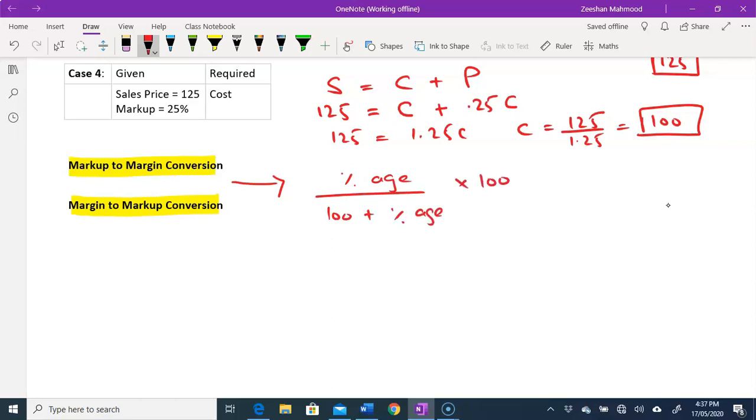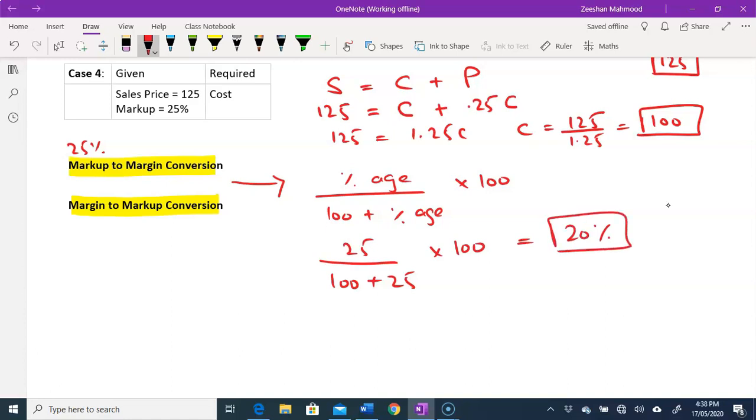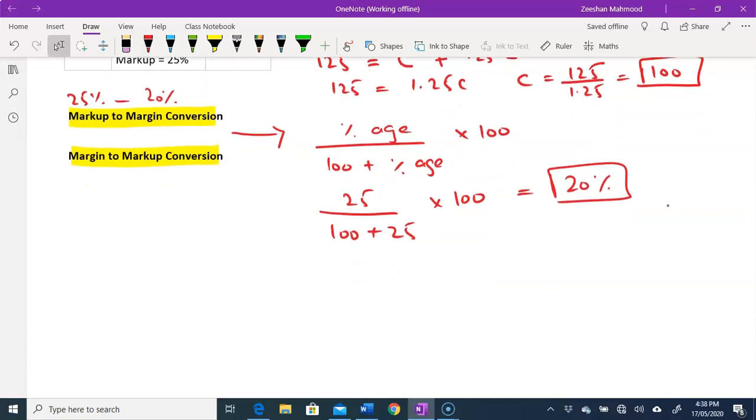So for example, let's say there is a markup of 25%. I will take 25 and divide it by 100 plus 25, and then multiply by 100, and that is converted into 20% margin. So we're just playing with numbers. Numbers are the same.